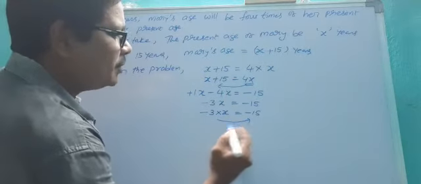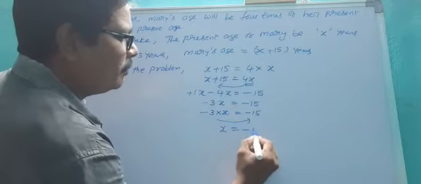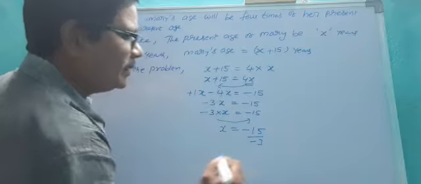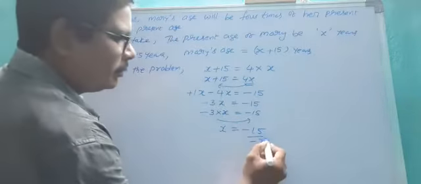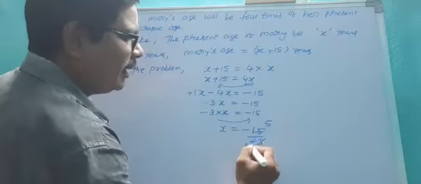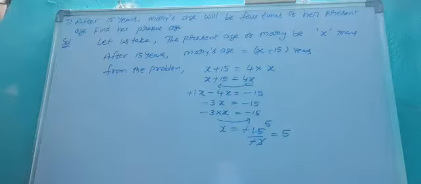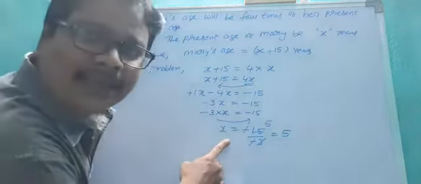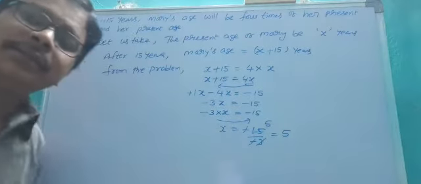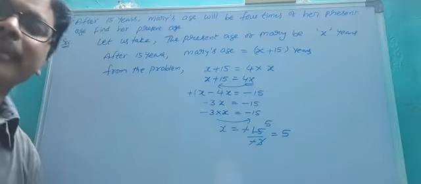So x equals minus 15 by minus 3. Negative signs cancel, and 3 fives are 15, remaining 5. So x equals 5. What does x indicate here? X indicates the present age of Mary.